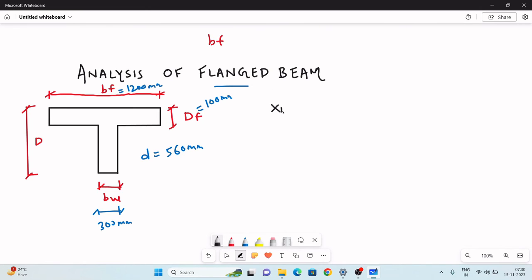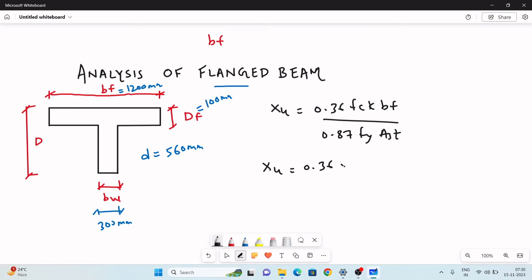So the formula of XU is XU equal to 0.36 FCK BF divided by 0.87 FY AST. Okay, so XU equal to 0.36 into 20 into 1200 divided by 0.87 into 415 into 4 bars of area of each bar, that is pi by 4 into 25 square.